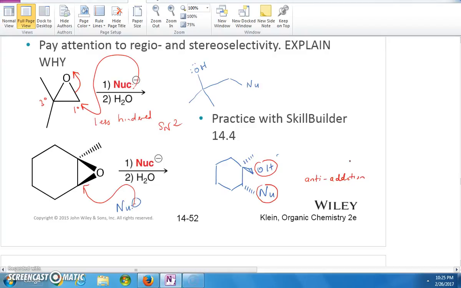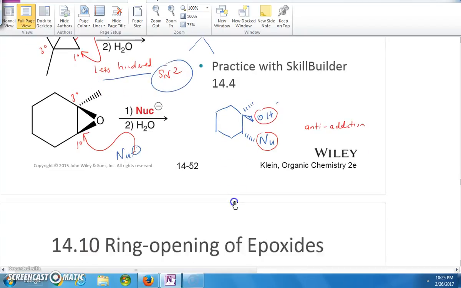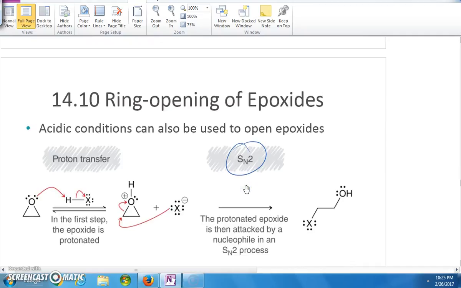The regiochemistry is going to the less hindered carbon. As you can see, this is a primary carbon, while this is a tertiary carbon. Because the reaction goes via SN2, we expect that the nucleophile is going to attack the less hindered carbon.